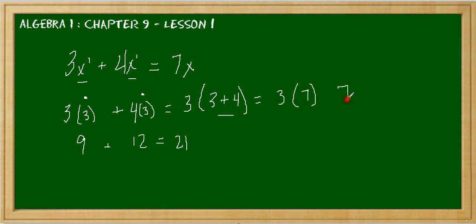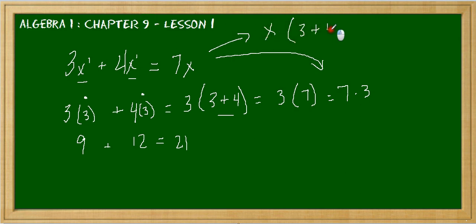Or let's say 7 times 3, right? And remember 3 was x, so that would be the same form. We have 7x. But since we use 3 as the value. So this is the reason why we add the coefficients, because if we were to look at this from the distributive rule, we could have done that all the way here from the very beginning. We could have said, let's factor out the x and add 3 plus 4, right?